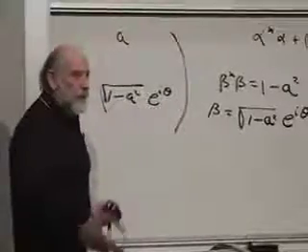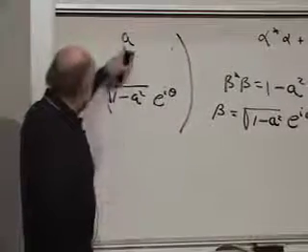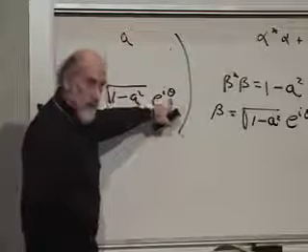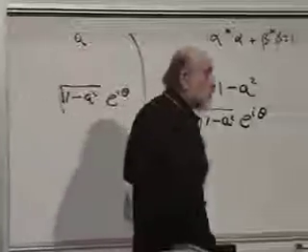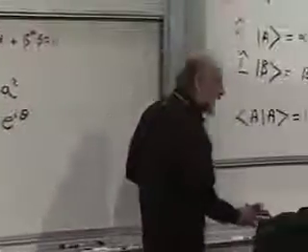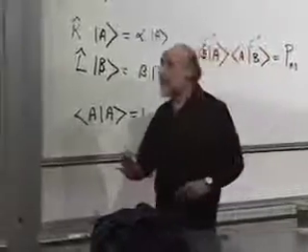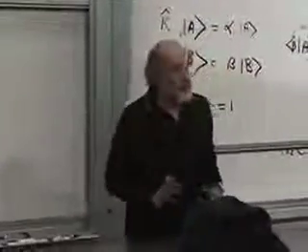How many overall parameters are there? 2. 1 real parameter here and 1 real parameter for theta. So that means there's a 2-parameter family of polarization states for a single photon.